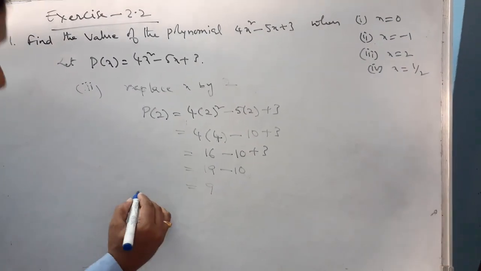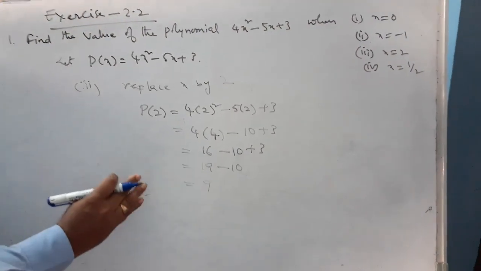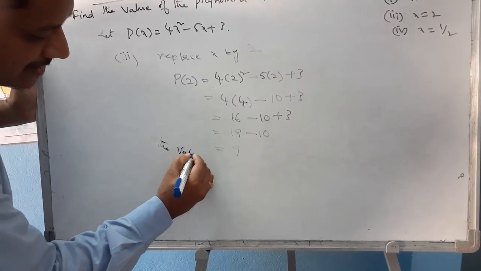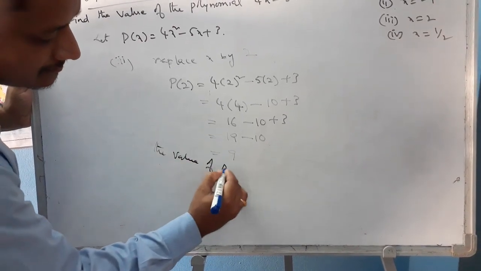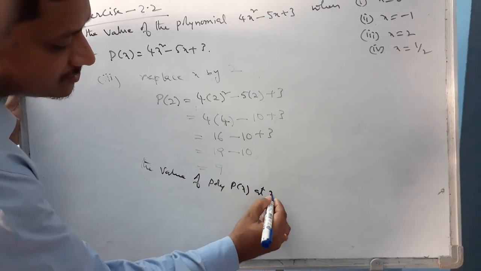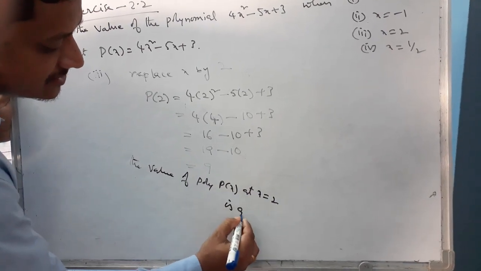So the value of the polynomial p of x at x equal to 2 is 9.